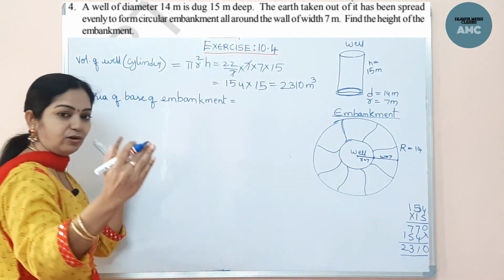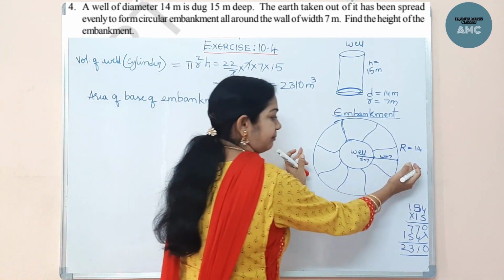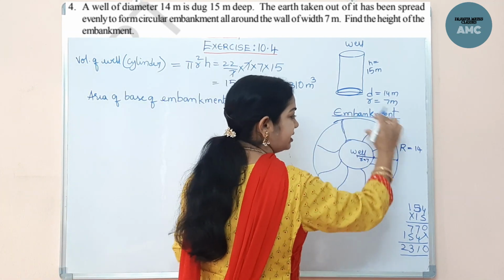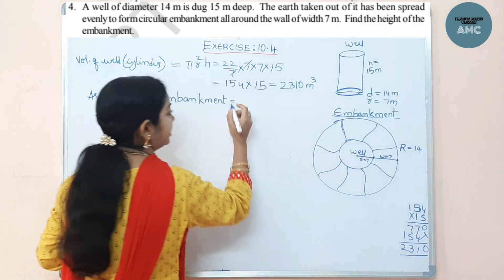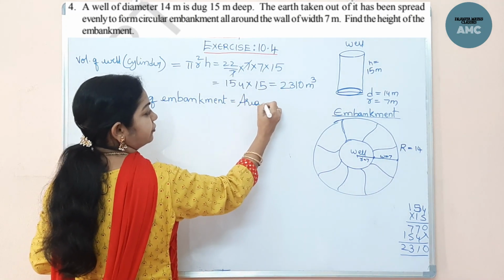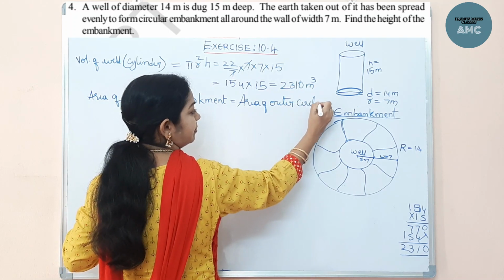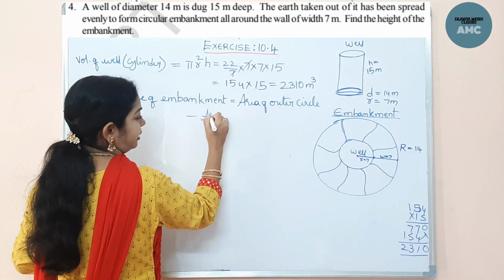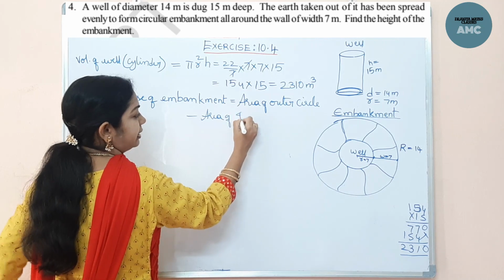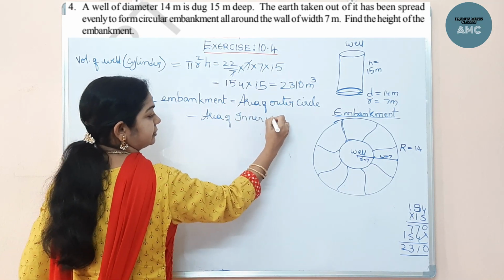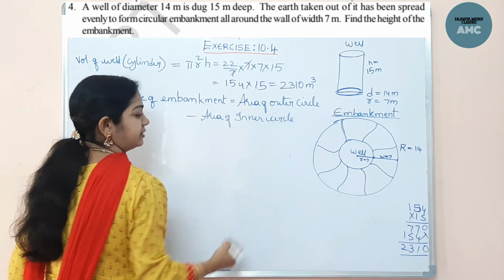The area of the outer circle minus the area of the inner circle gives the area of this embankment. Now we will substitute.